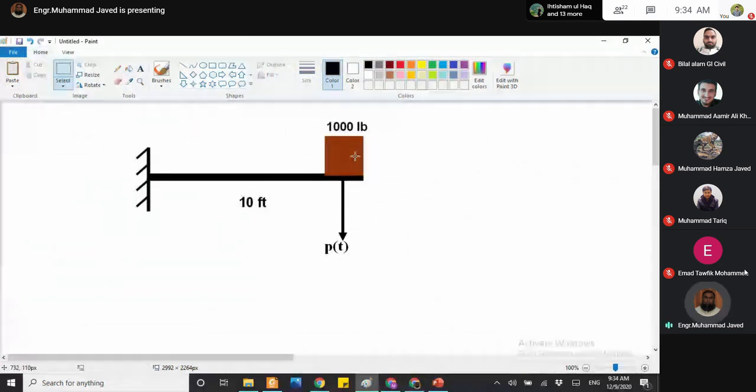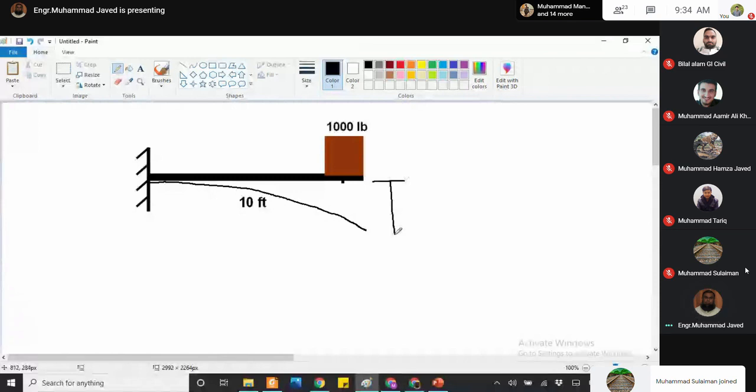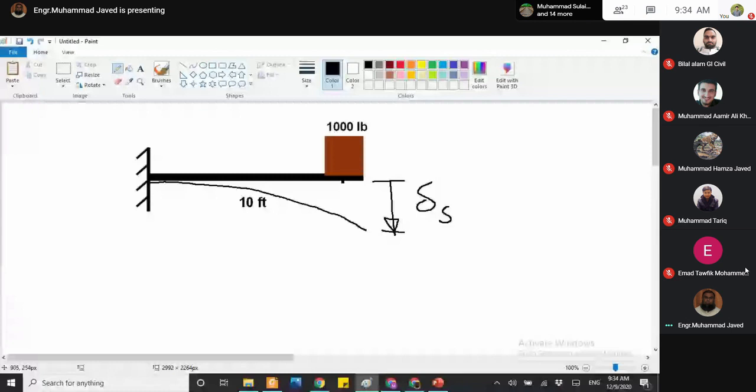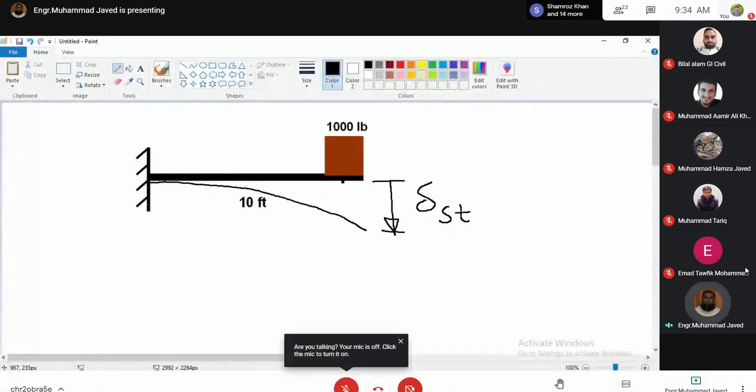When there is no dynamic force acting on the beam and only the gravity load of the beam is acting, the deflection will be due to only gravity load, and let that be delta st, or deflection due to gravity load which is static.